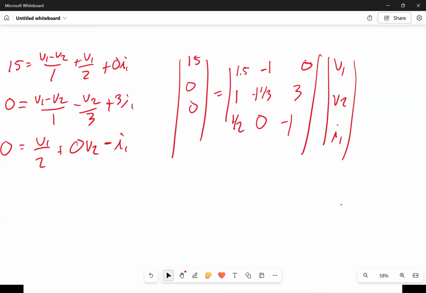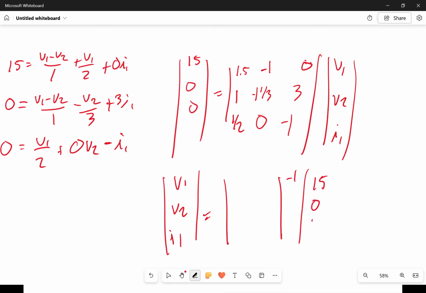As you get better at this, you'll go ahead and solve for those. You solve for V1, V2, and I1 by taking the inverse of that matrix and multiplying. The other really nice thing is I can directly get I1 from this equation.